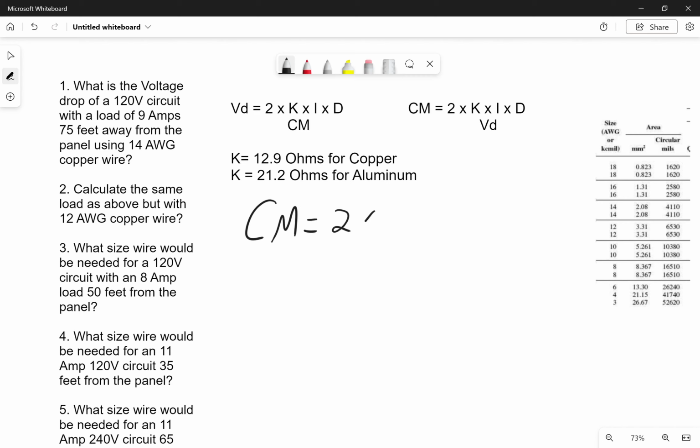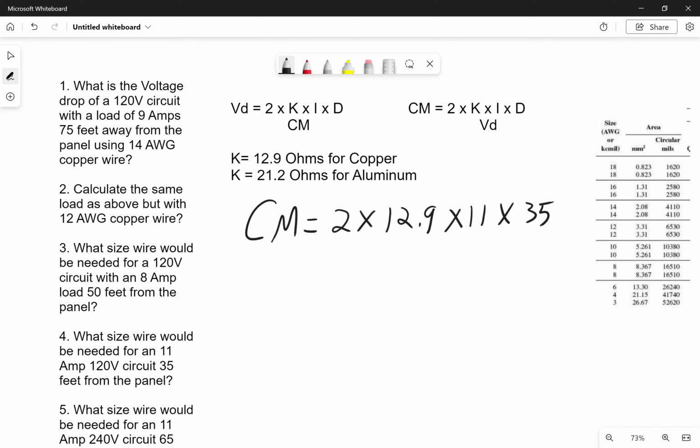2 times K. Our K is 12.9 because it doesn't say that it is aluminum, times our amperage, which is 11, times 35 feet. If you remember in class, we talked about in this formula, we have a wire going out to the device.